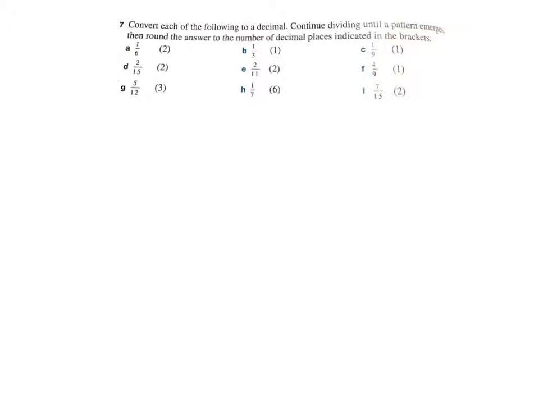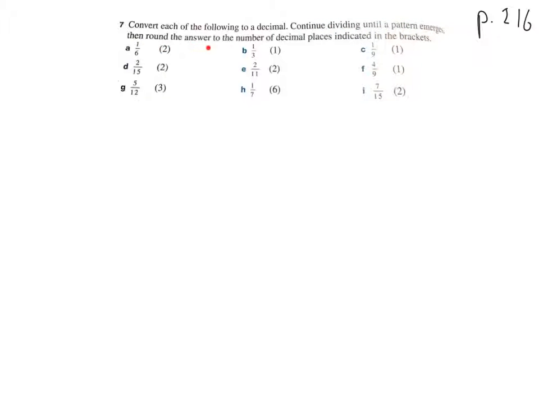Okay, so let's now test our knowledge a little bit further. So I want you to look at question 7. This, by the way, is on page 216. So question 7 is saying convert each of the following to a decimal. Continue dividing until a pattern emerges.